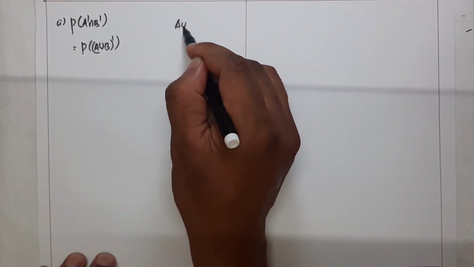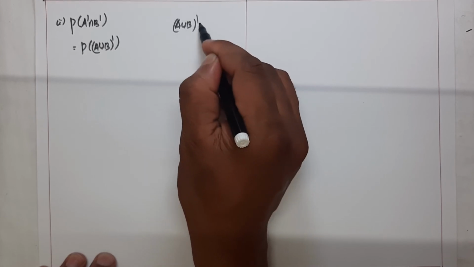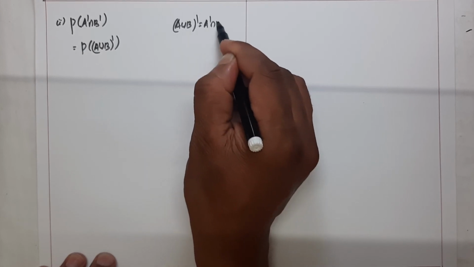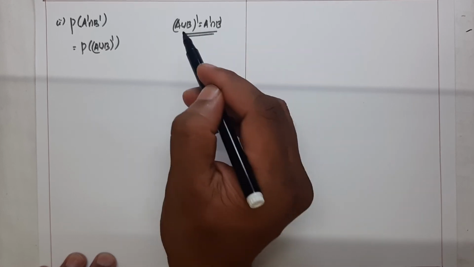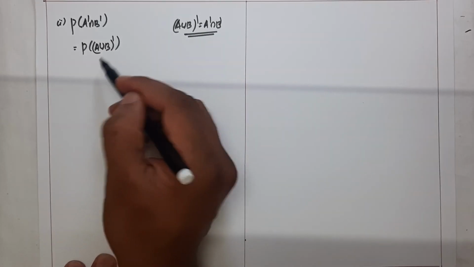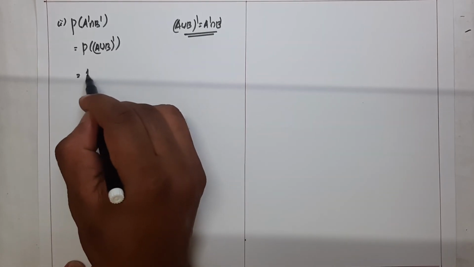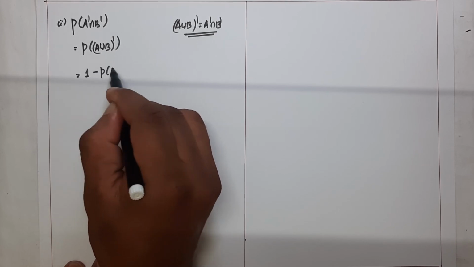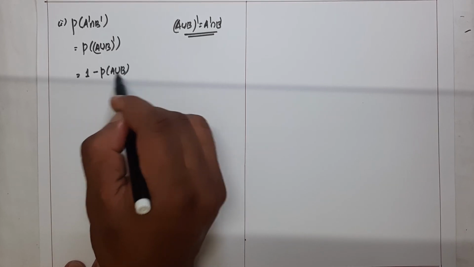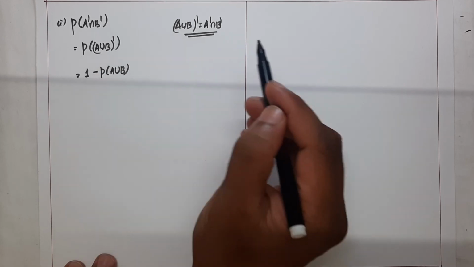The probability of the complement of an event is 1 minus P of A union B. Total probability is 1 minus P of that event.